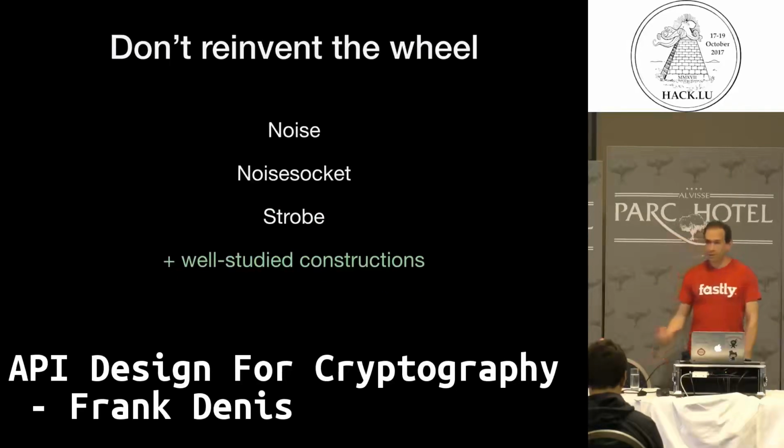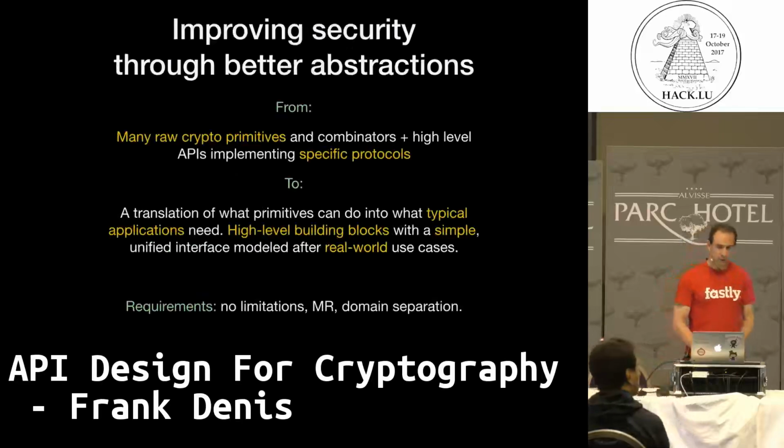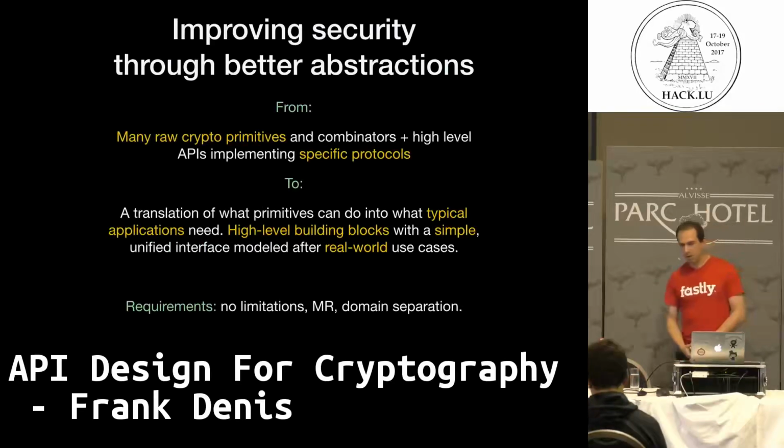Anyway, if you design a novel API, still don't reinvent your crypto. Use something well-studied. You use well-known constructions. So in Hydrogen, I use the Noise XX protocol for key exchange, for example. That's pretty interesting because a couple of years ago, and if you look even at Wikipedia today, the way people compare crypto libraries is actually by the number of functions available.